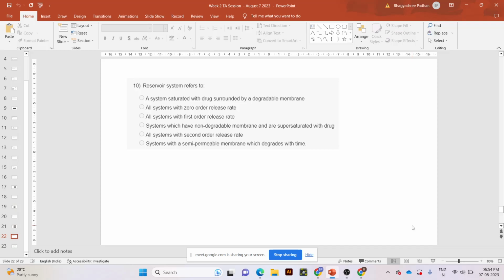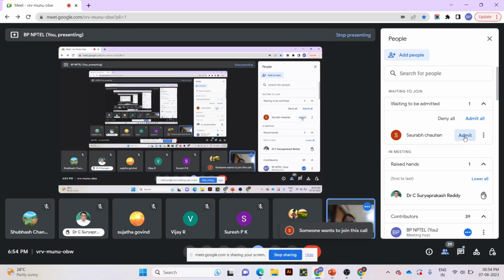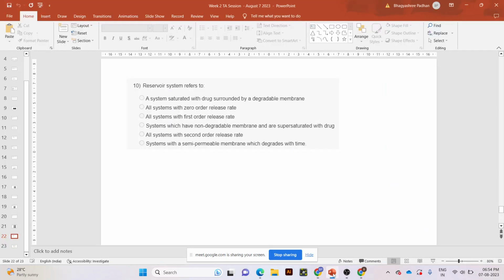Reservoir system refers to a system saturated with drug surrounded by a degradable membrane, all systems with zero order release rate, all systems with first order release rate, systems which have non-degradable membrane and are supersaturated with drug, all systems with second order release rate, systems with a semi-permeable membrane which degrades with time.